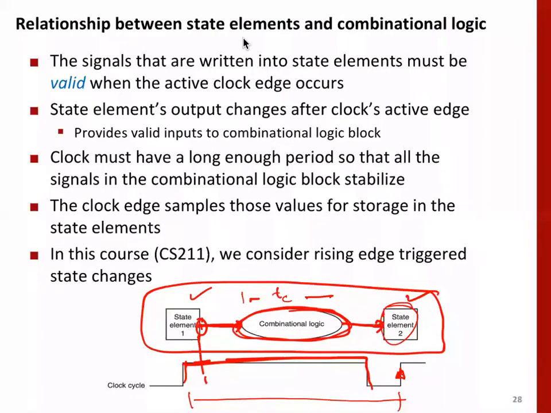So clock edges sample those values for storage in the state element. Any question on this concept? Please remember that this is a very important concept, and we are going to use this throughout the design. Is it clear?